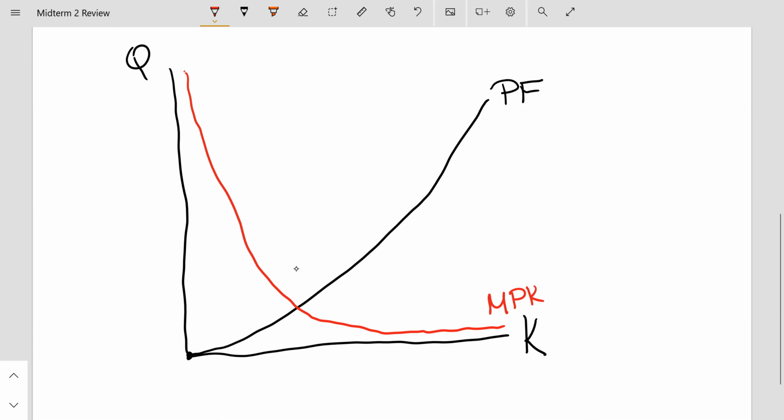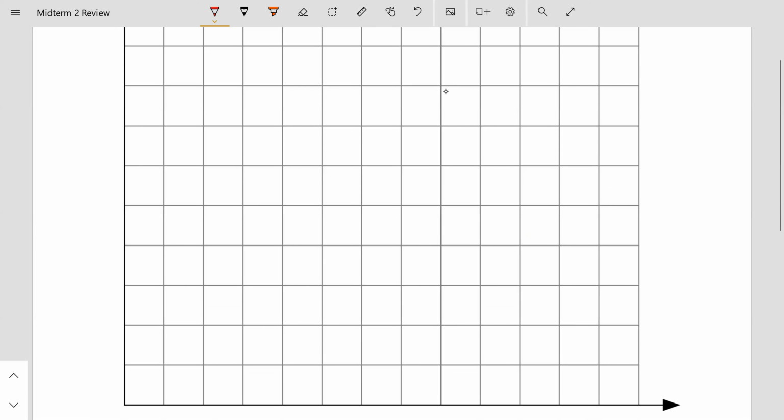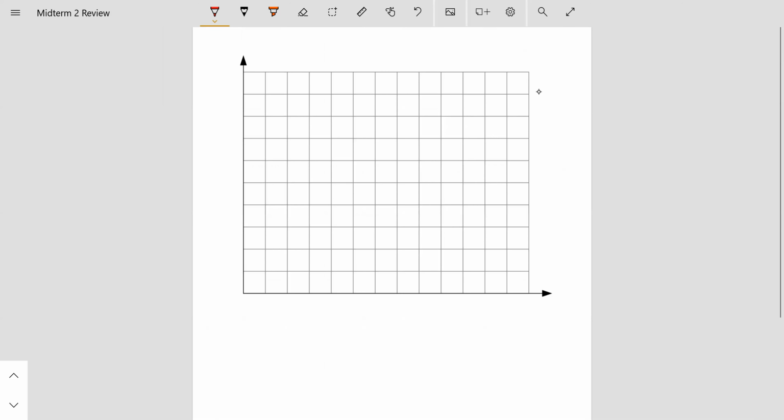But we typically don't draw these functions like this. So let me just zoom out a little bit. We're going to let this be the capital. Quantity. Let this be capital. And so 0, let's do 5, 10, 15, 20, 25, 30, 35, and 40.